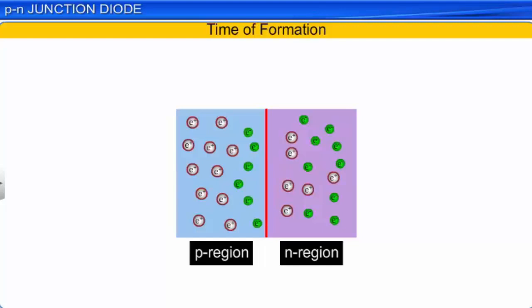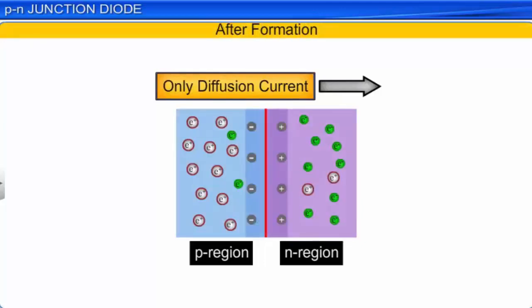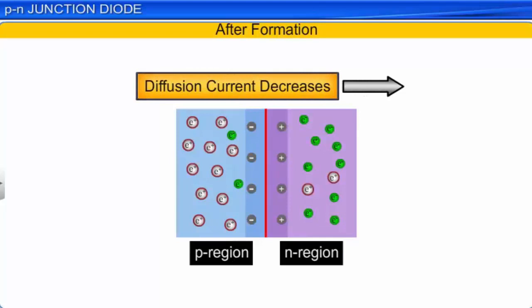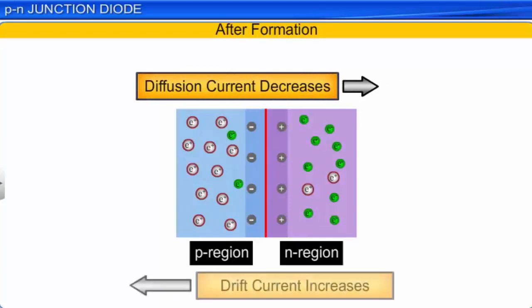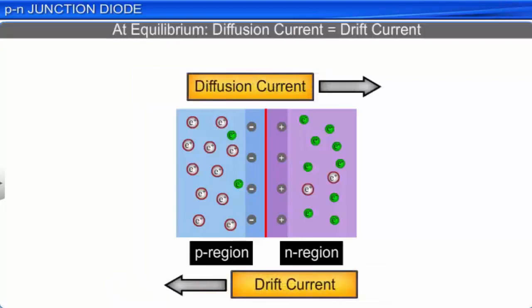As the depletion region gets formed, the diffusion current decreases and the drift current increases. In steady state, the diffusion current and drift current become equal in magnitude and there is no transfer of charge at any cross-section. Thus, a crystal with a p-n junction in an isolated state is electrically neutral.